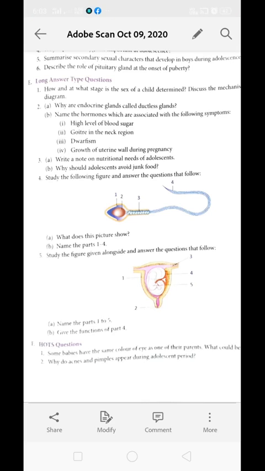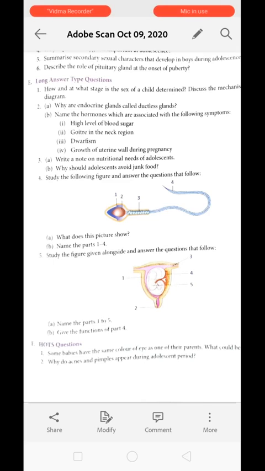Means growth hormone is the third answer. Next is growth of uterine wall during pregnancy. It is progesterone, which maintains the development of uterine wall throughout the pregnancy.